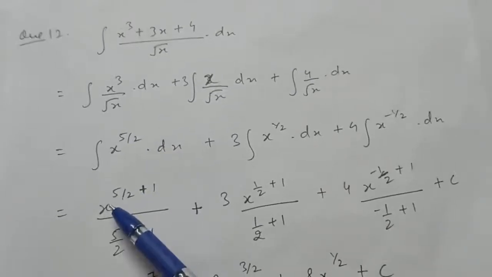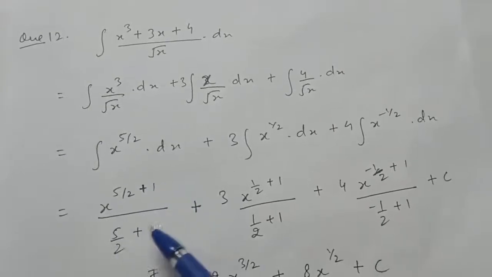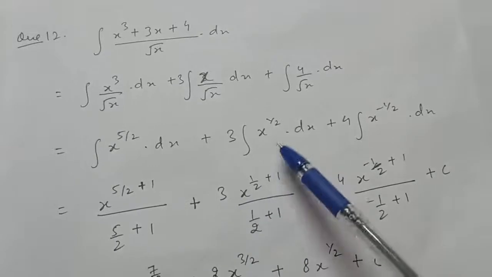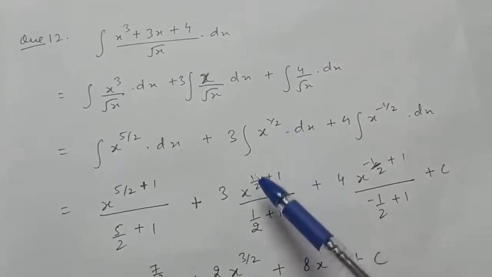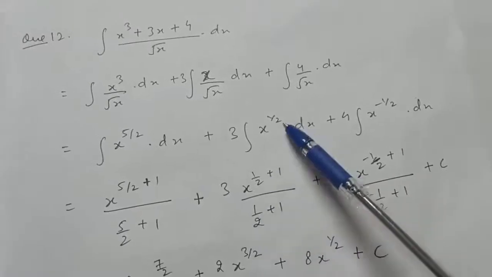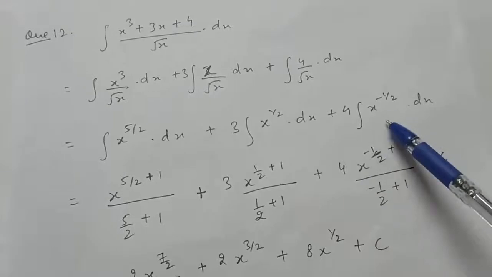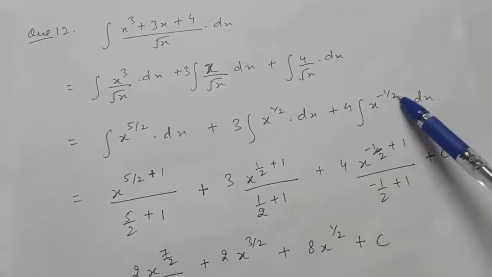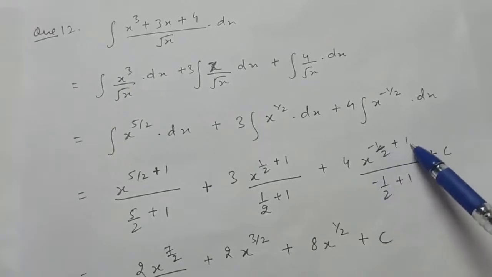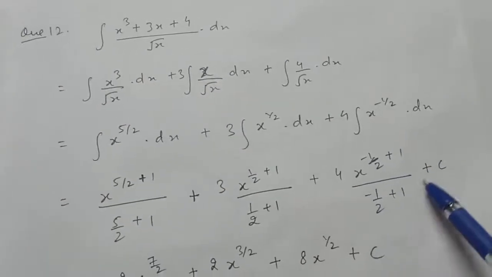So integral of this will be x raised to the power n plus 1 upon n plus 1, plus 3 into the same integral, x raised to the power n plus 1 upon n plus 1, here n is 1 by 2, plus 4, again the same, integral of x raised to the power minus 1 by 2 is x raised to the power minus 1 by 2 plus 1 upon minus 1 by 2 plus 1, plus c.